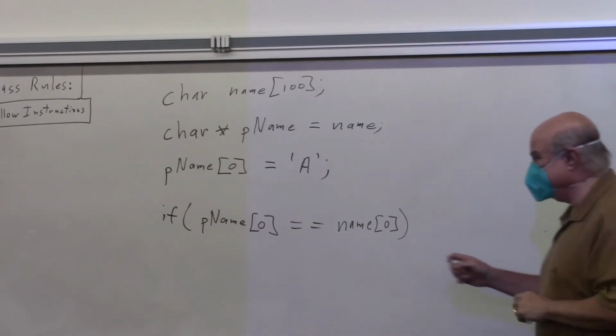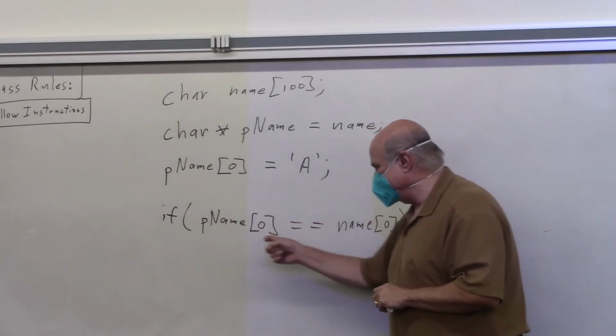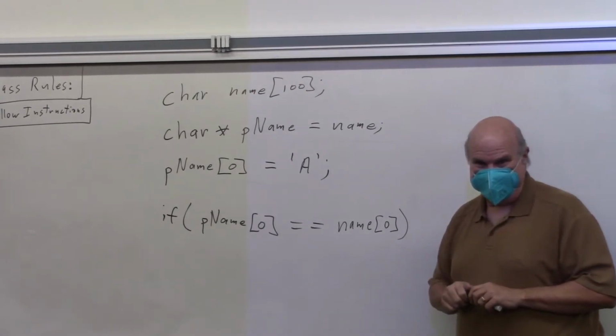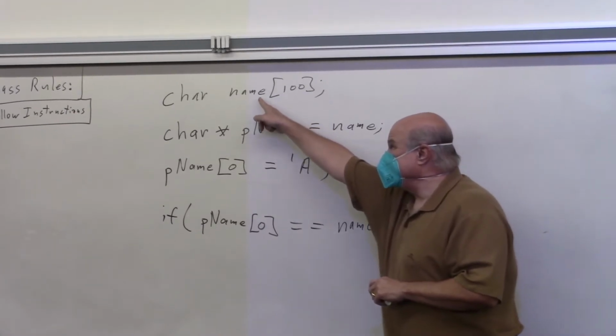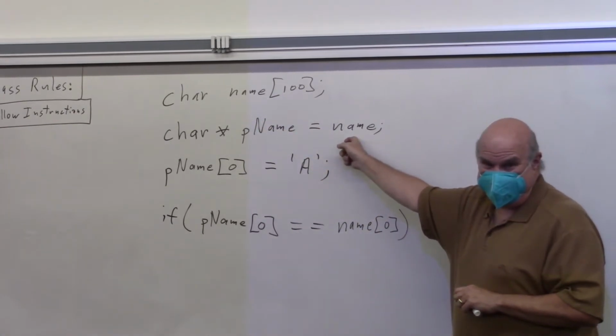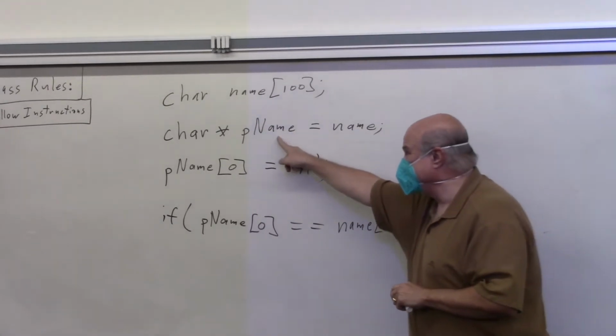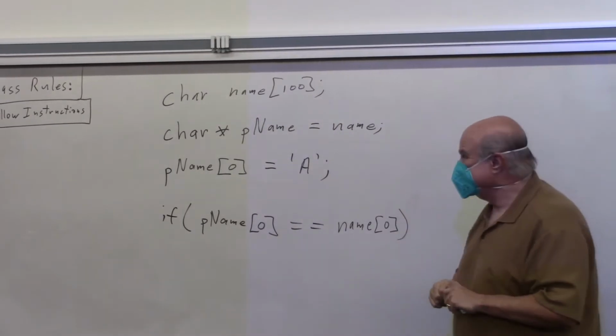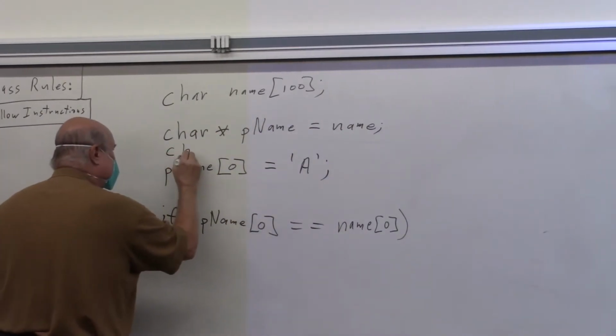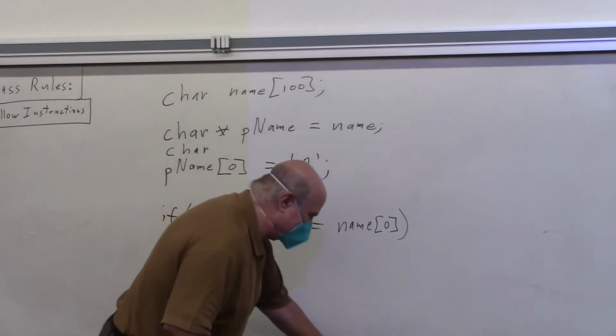Because these are the exact same locations. I've declared a pointer to that array, assigned it to that array. I can't declare it twice.